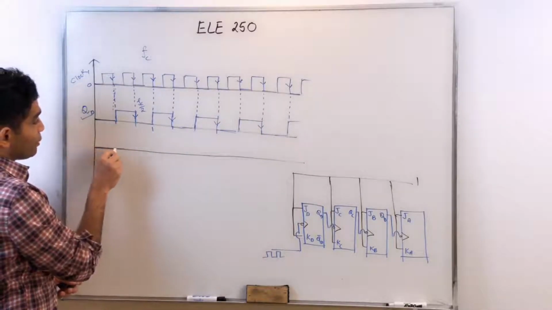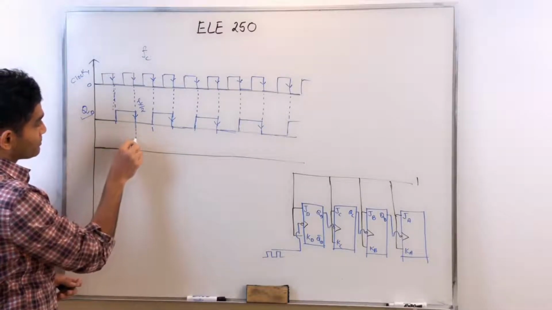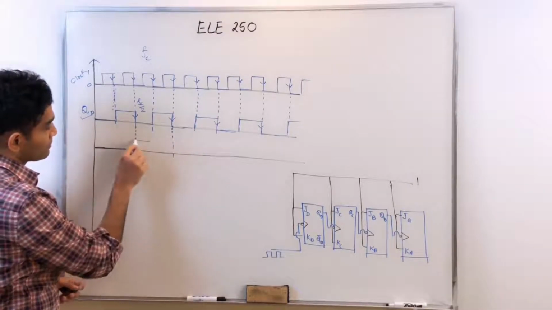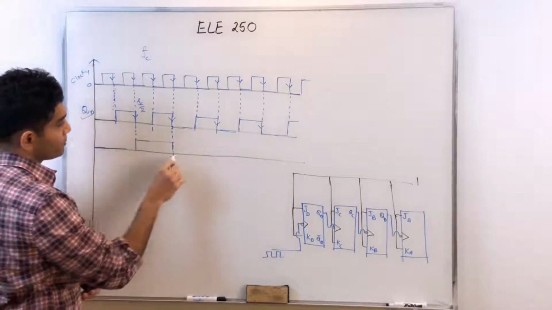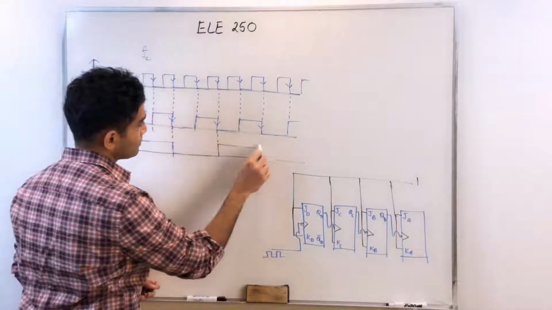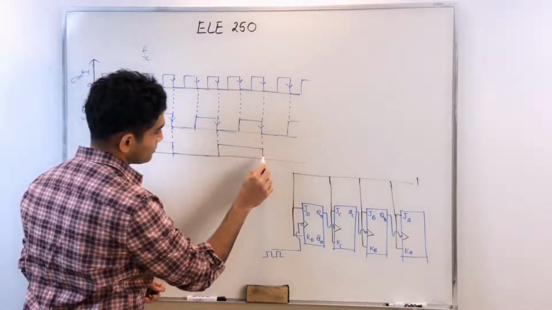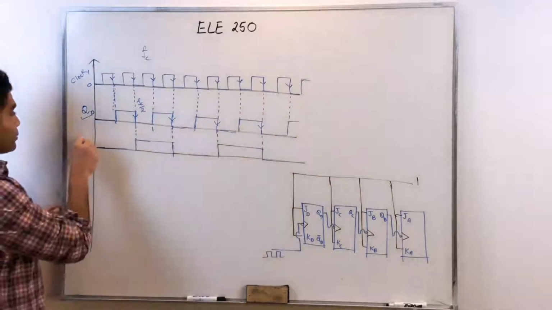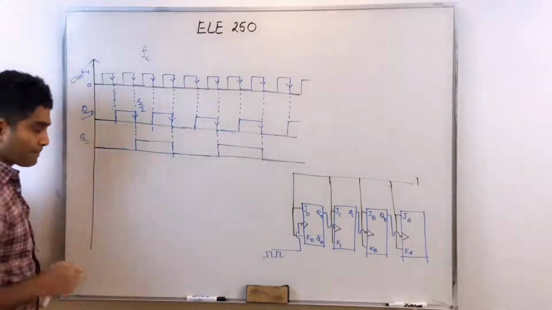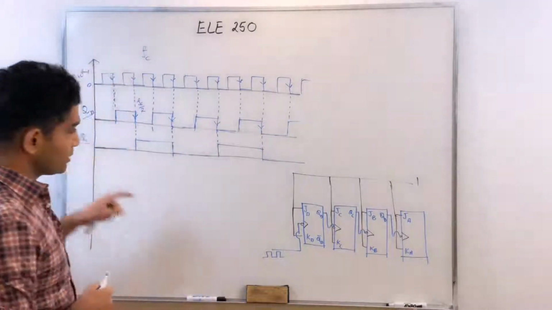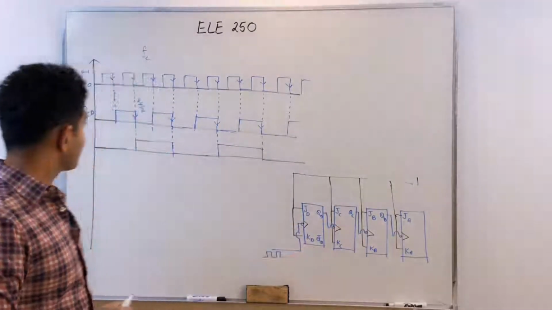My QC toggles at every active edge. There you go. All right. So that's what I get for QC, because my QD is the clock for the JC flip-flop.